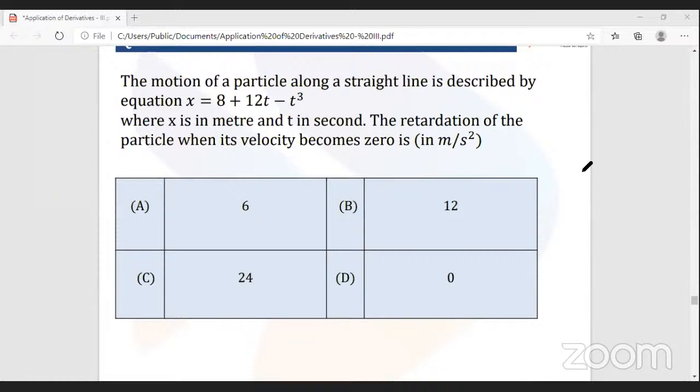So this is the question. The motion of a particle along a straight line is described by the equation x equals 8 plus 12t minus t cube, where x is in meters and t in seconds.